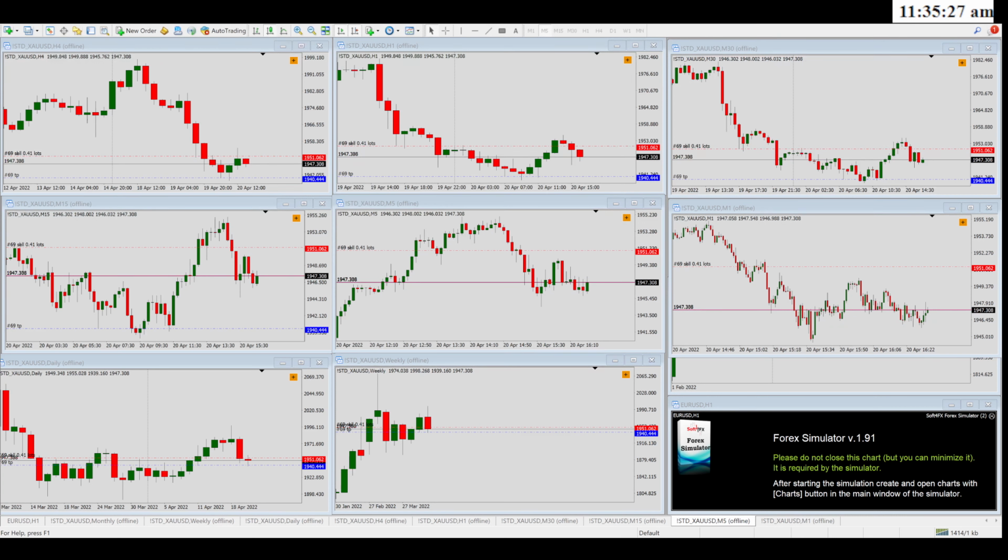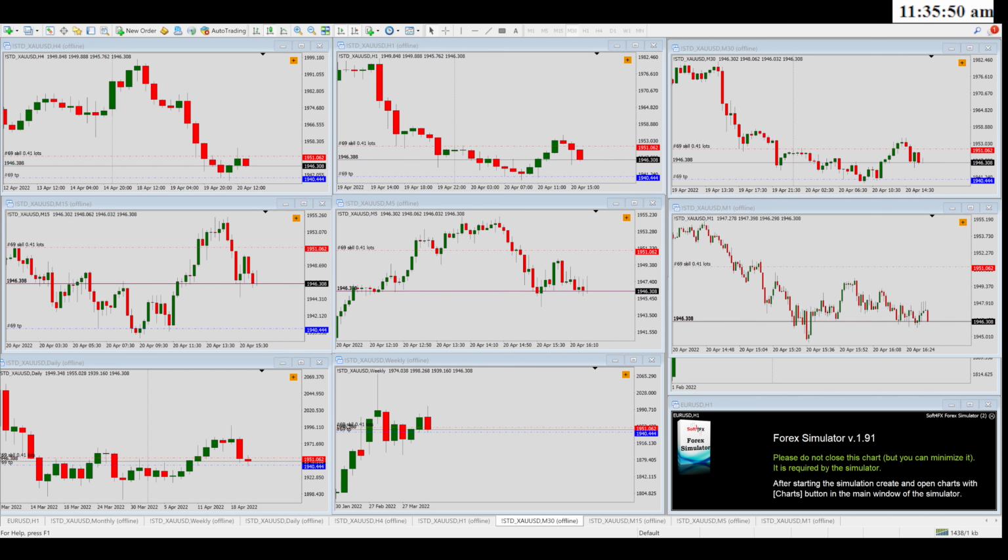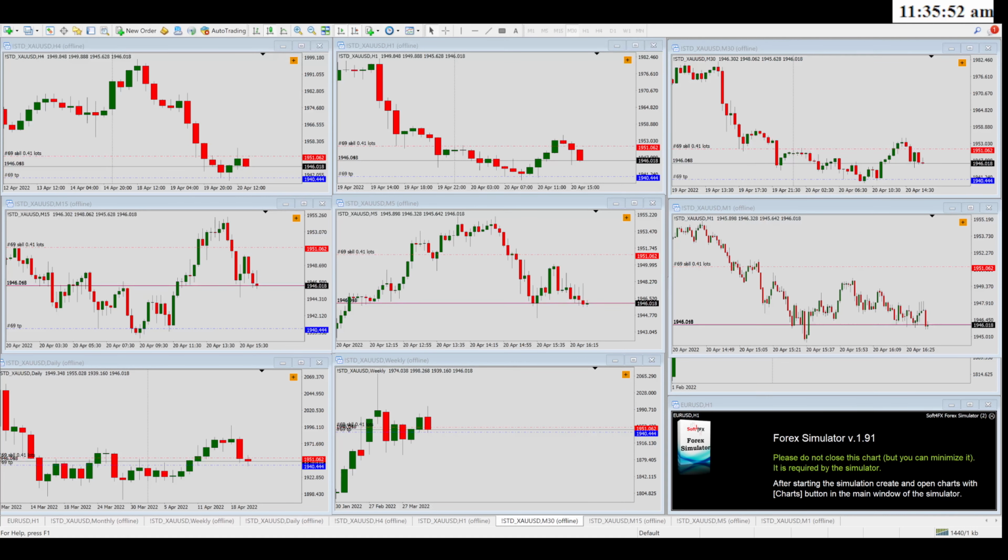It didn't break below the previous M30 low and it is a bearish candle. There is still a probability for prices to drop, but that probability has dropped as compared to right here. But I will stick with my plan and I will be calling it a day if that doesn't work out.